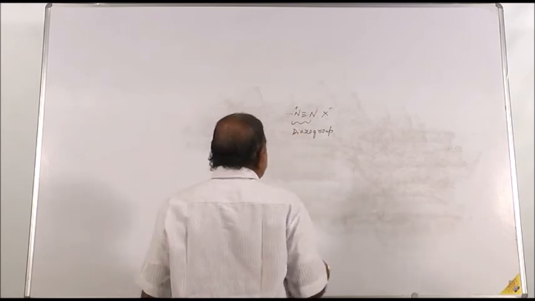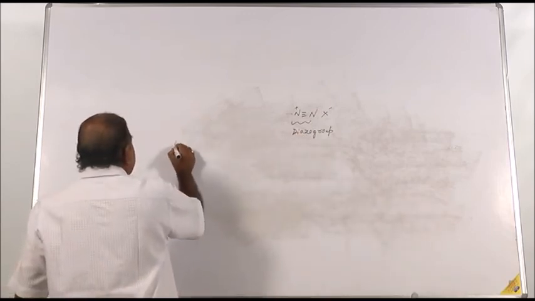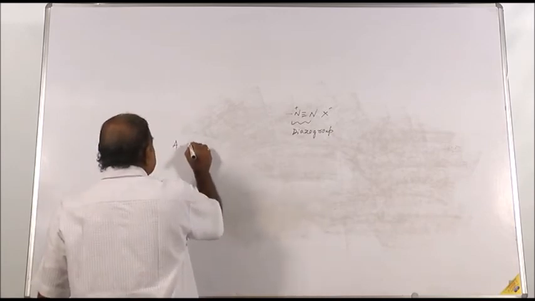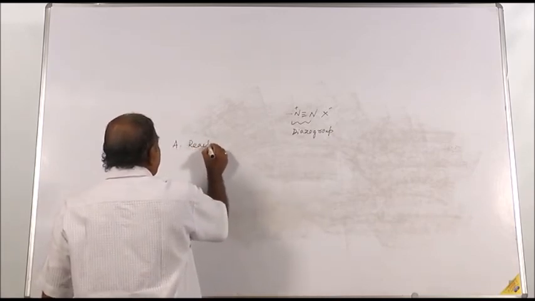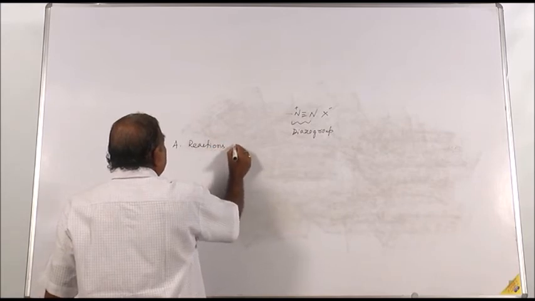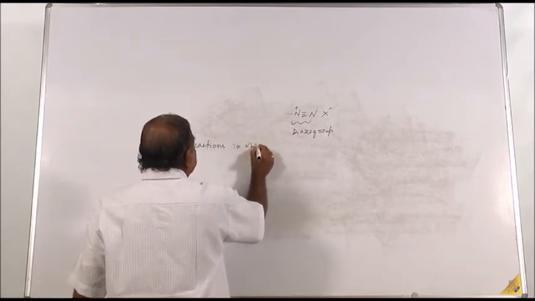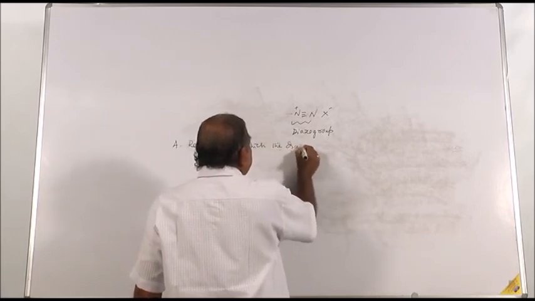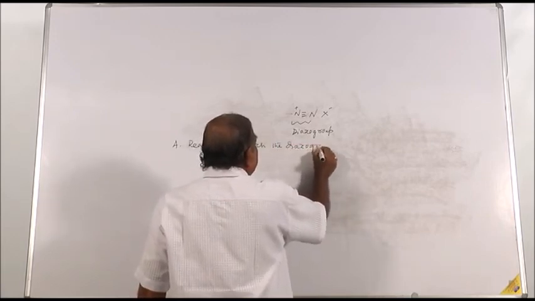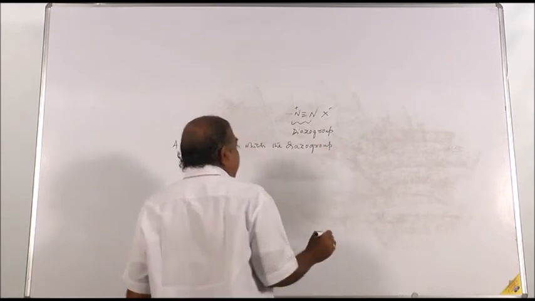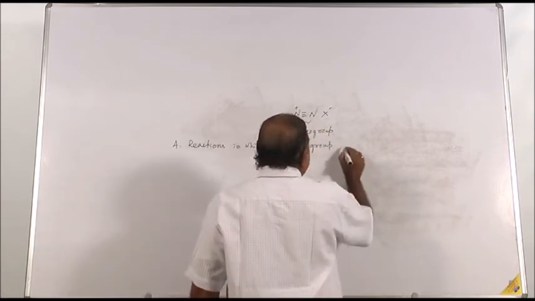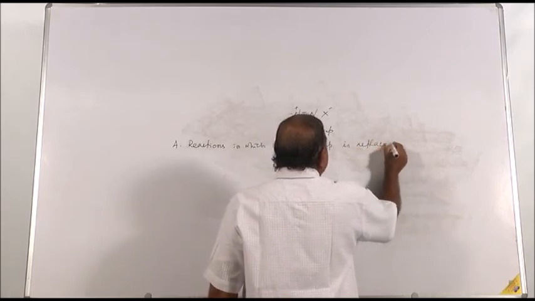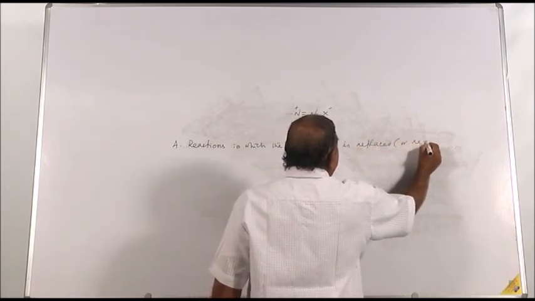In one case the diazo group is retained, and in another case the diazo group is replaced. To start with, I am discussing reactions in which the diazo group, that is N double bond N or N triple bond N here, is replaced or removed.